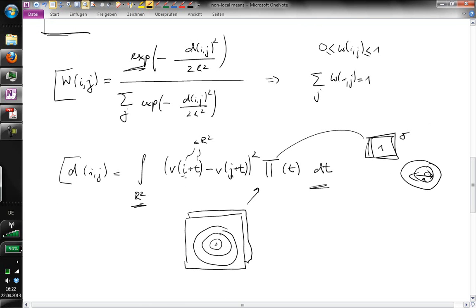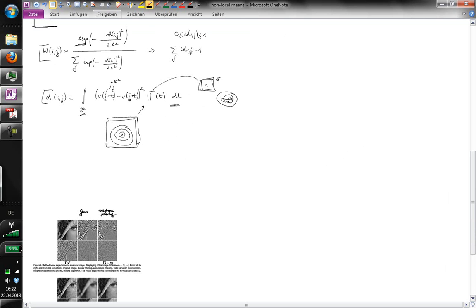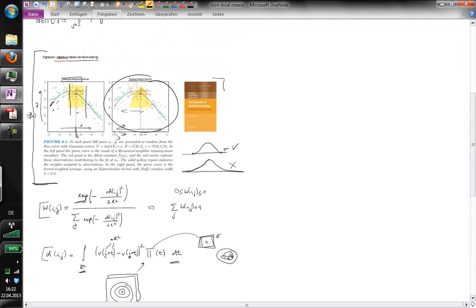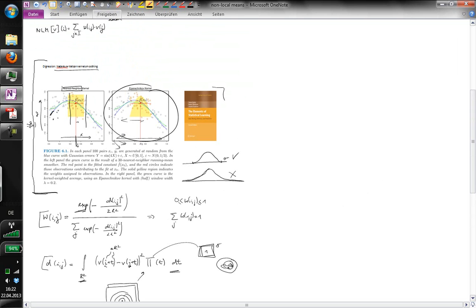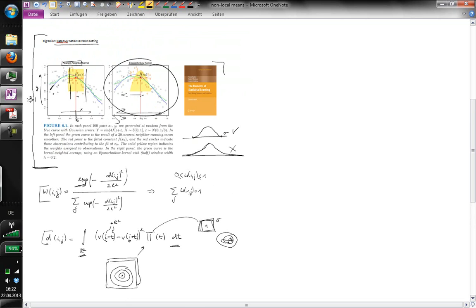So let's scroll out a little. We have now a means to compute the dissimilarity between 2 points I and j, and this dissimilarity depends a little bit on the surroundings of these 2 pixels or 2 locations I and j, that can be plugged into a weight function.